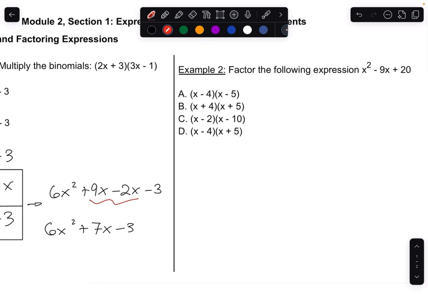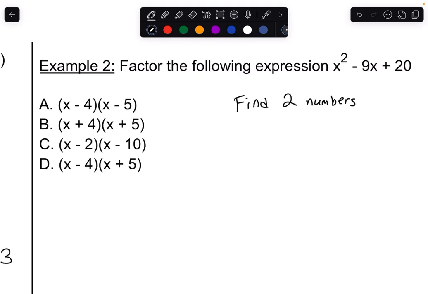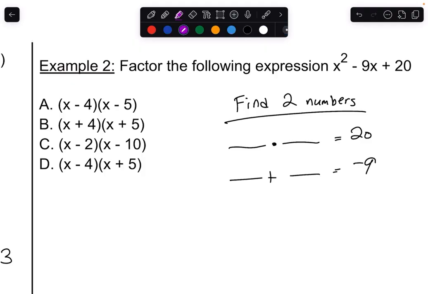Now we see something like number 2, factoring. Factoring isn't going to be too bad for us because a lot of times, not always, but a lot of times, we're finding 2 numbers that multiply to be 20, or the last number, and they have to add up as well to be -9, or the middle number. So 2 numbers that multiply to be the last one and add up to be the middle one.